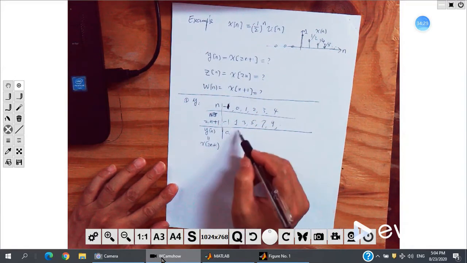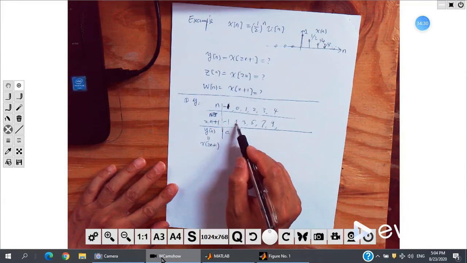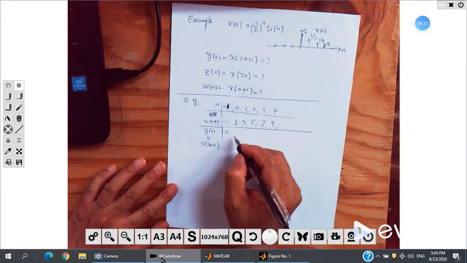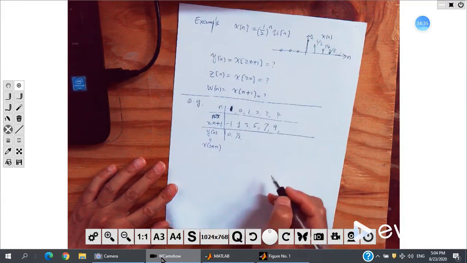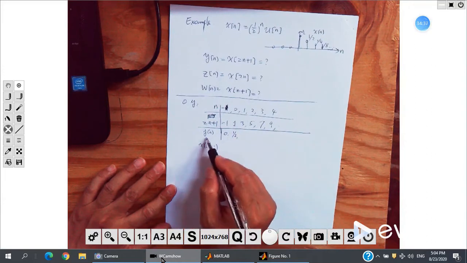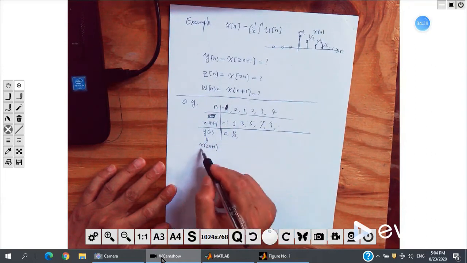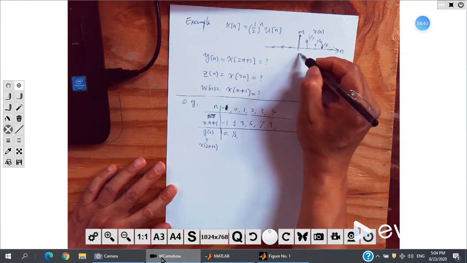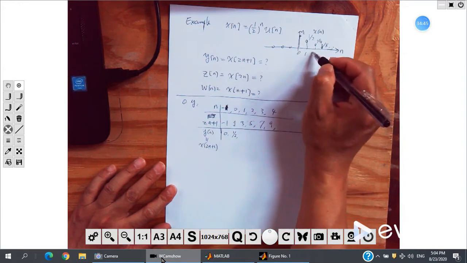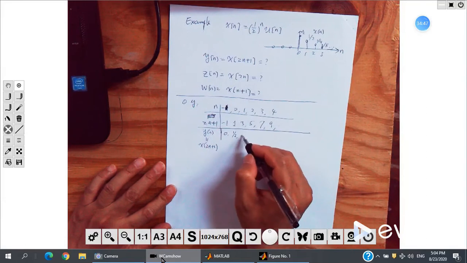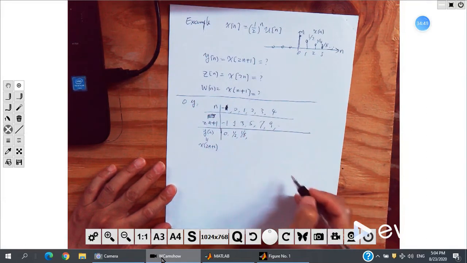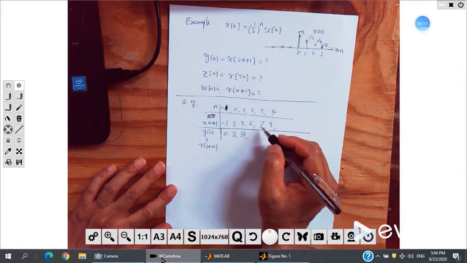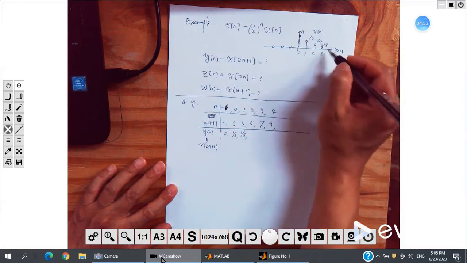Then the second is x of 1, which is 1/2. Then this is x of 3, which is here, the 1/8. And if you want more, this is 4, this is 5, the fifth will be here.